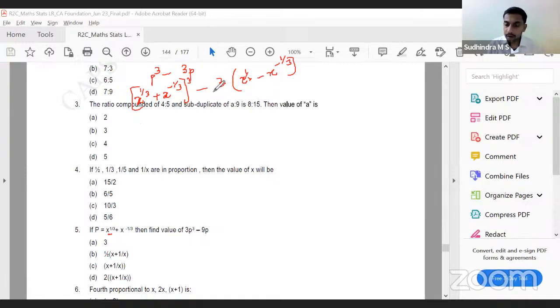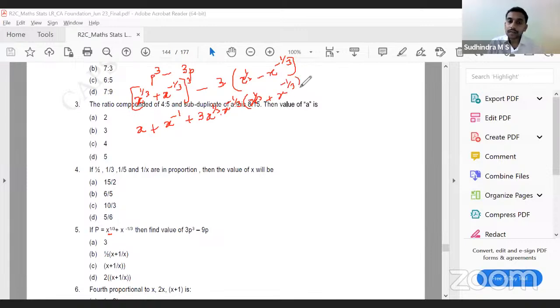Then what is the next step? a plus b the whole cube is a cube plus b cube plus 3ab into a plus b. a cube is x to the power of 1/3 whole power 3, which is x; b cube is x to the power of minus 1/3 whole power 3, which is x to the power of minus 1. And 3ab into a plus b is 3 into x to the power of 1/3 into x to the power of minus 1/3, into x to the power of 1/3 plus x to the power of minus 1/3.